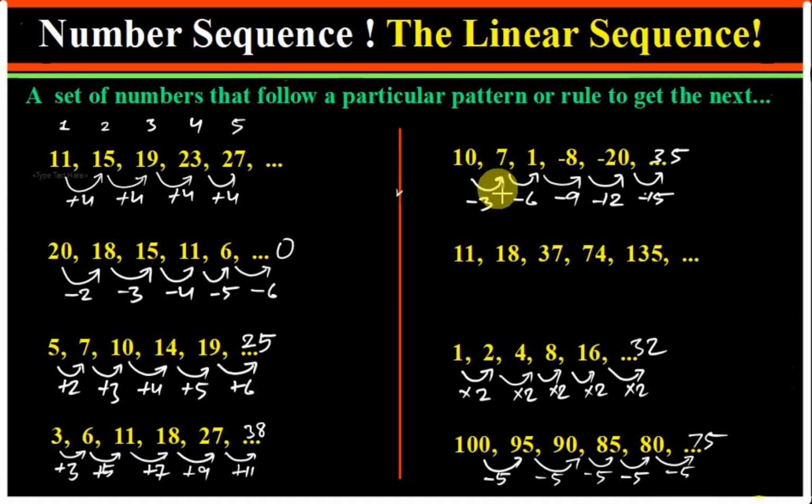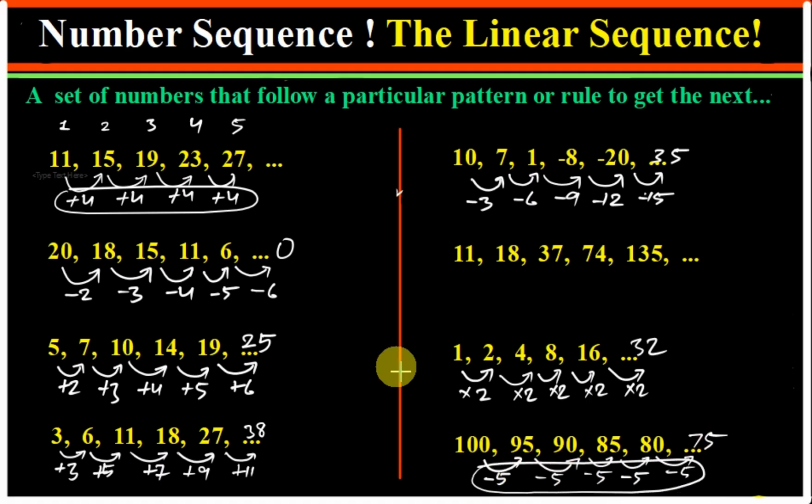So in all these examples, what we noticed is, in some number sequences, we are adding the same amount all the time to get the next term. It means this sequence is increasing by the same amount all the time. And in this example you will see the sequence is decreasing by the same amount all the time. It means these differences are the same all the time.